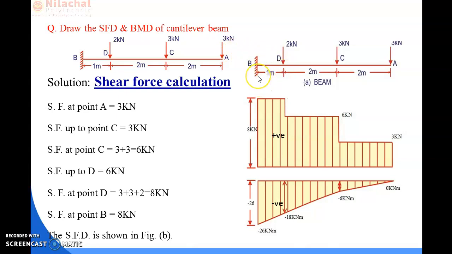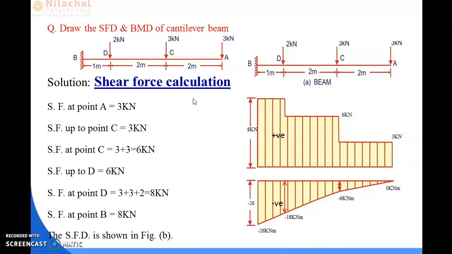Then we need to draw dotted lines in the downward direction at each point given in the question, like at point A, point C, point D, and last, point B. We draw these vertically downward dotted lines as reference lines to draw the shear force and bending moment diagrams. So first of all, you need to draw the diagram, then do the calculation of shear force and bending moment.